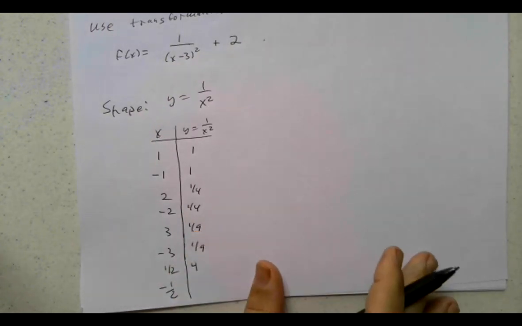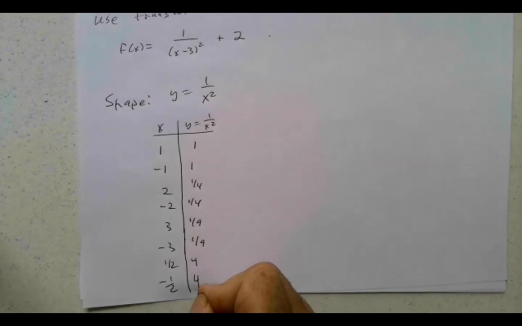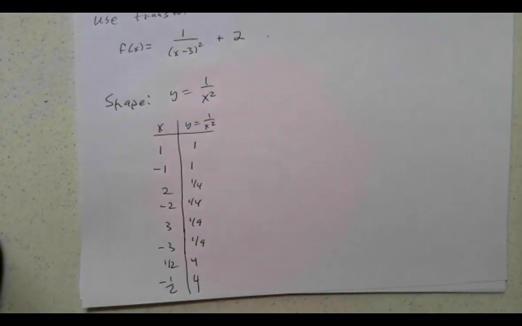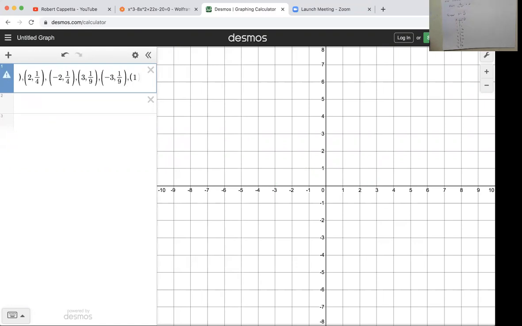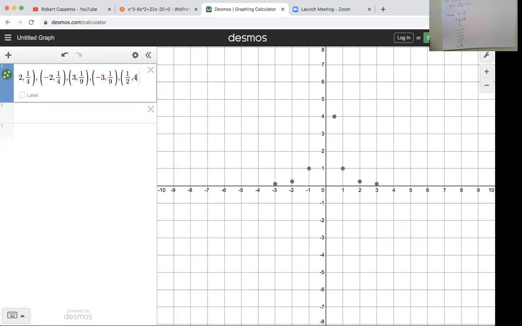Negative a half squared is a quarter. 1 over a quarter is 4. So let me add those points as well, just so I can get a couple more. So a half, 4 and negative a half, 4. That gives us a better idea what this thing looks like, I think.